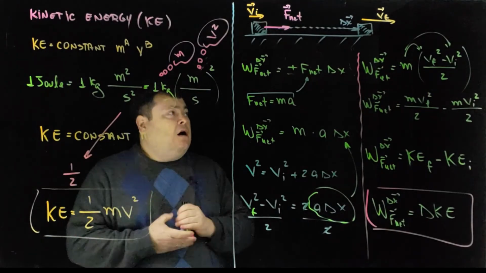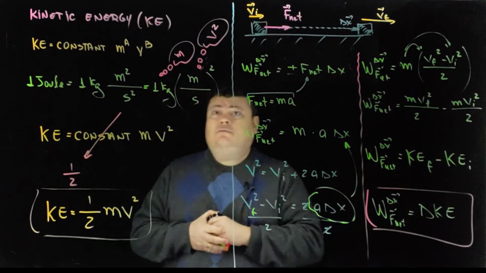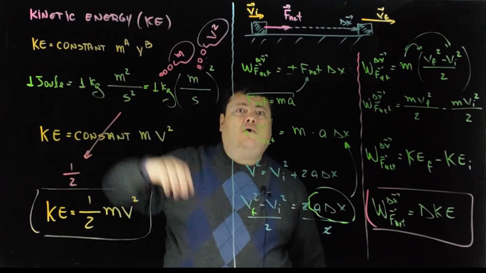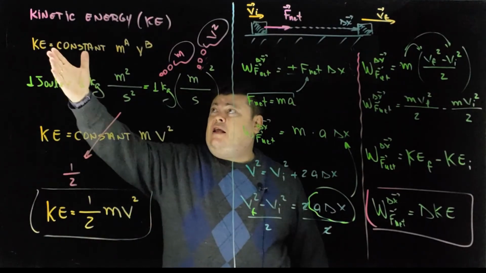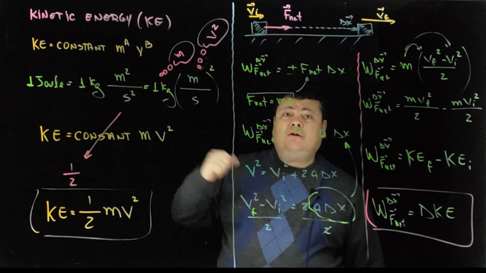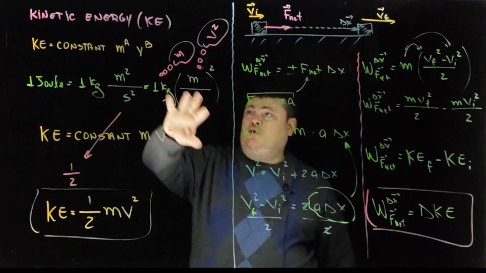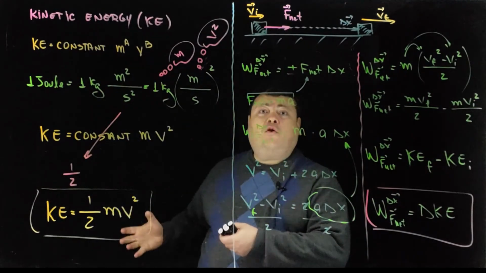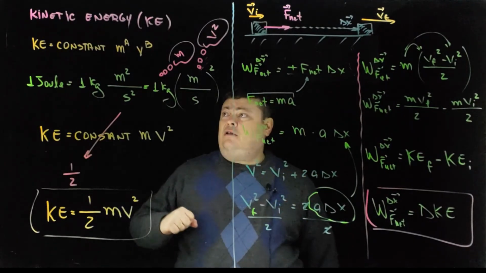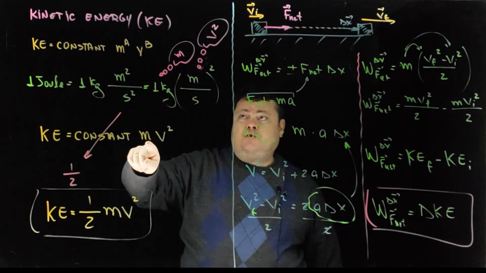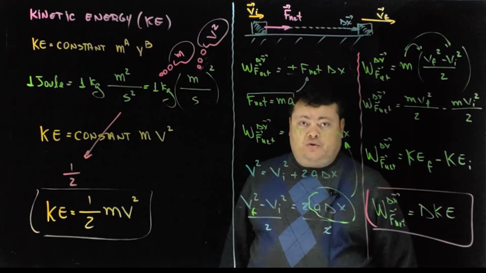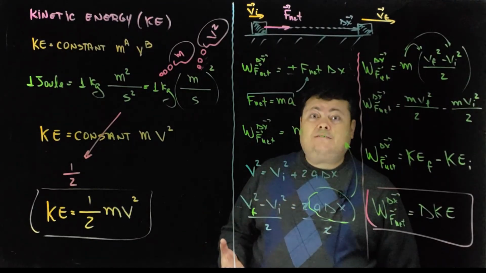Notice here, I reasoned with you through a conceptual analysis that kinetic energy should be a constant multiplied by mass to the a power, speed to the b power. Then, thinking about units and all of what I had talked about before, that work would be the change in energy, we inferred that m should be to the first power, v should be to the second power, so that kinetic energy should be some constant times m v squared.